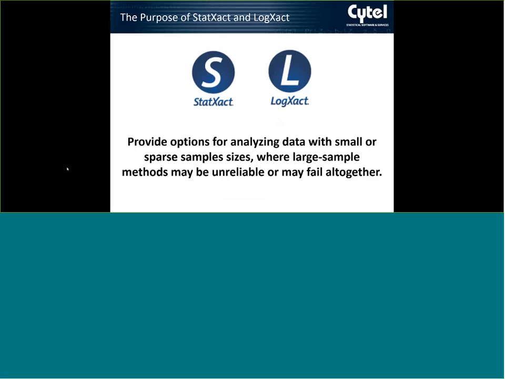Mehta and Patel back in the 80s, which is that large sample methods often fail altogether or work not very well or very unreliably for categorical data where the samples are small or sparse. So that's always been a driving force behind StatXact and LogXact: to provide tools that allow for accurate, robust analysis of samples for which large sample methods just don't work that well.